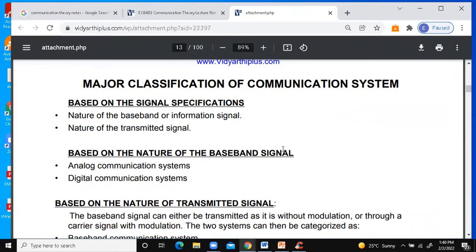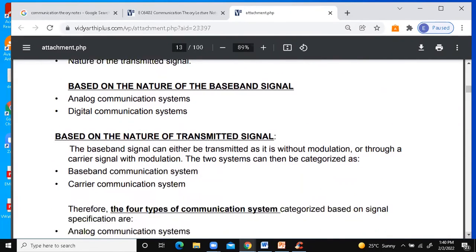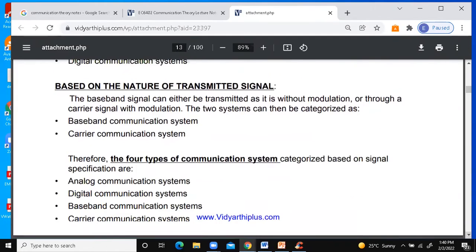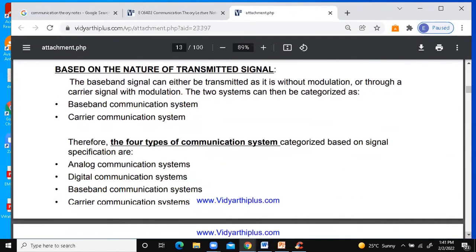That's known as the baseband of the transmitted signal. The baseband signal can either be transmitted as it is without modulation, or through a carrier signal with modulation.